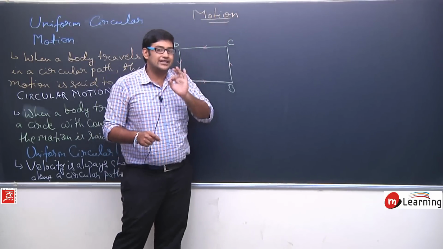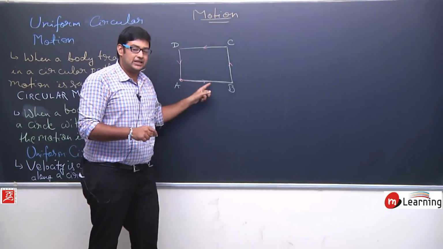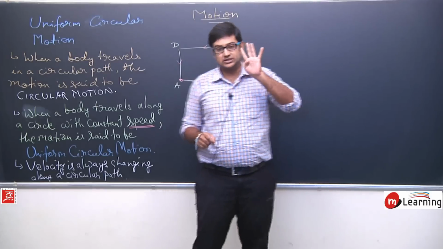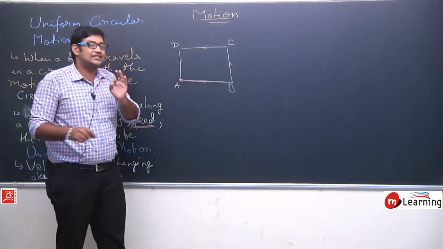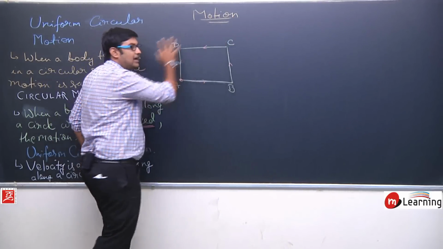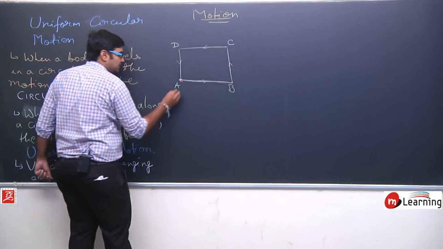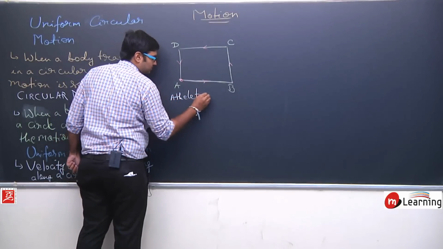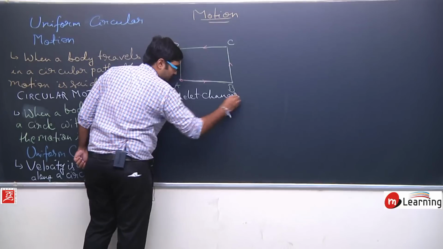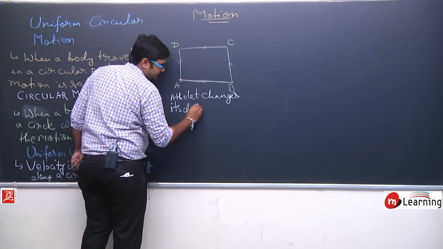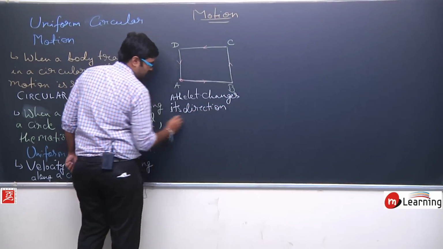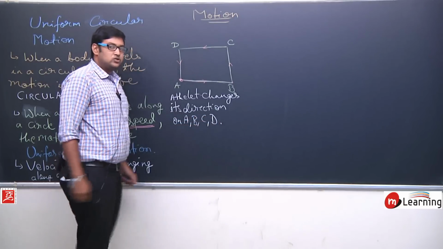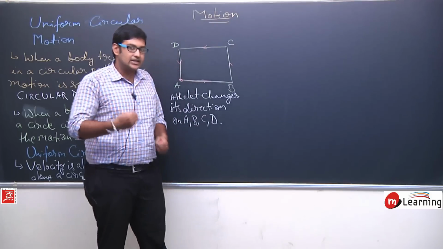So along this path ABCD, the athlete changes his direction four times, at points A, B, C and D. So at four different points the athlete is changing his direction.